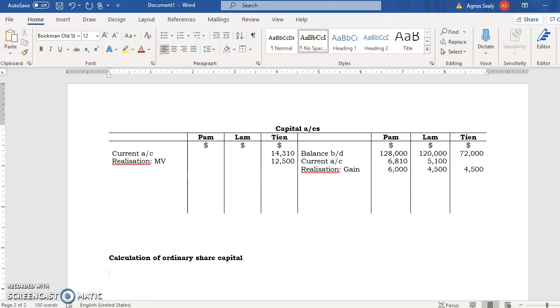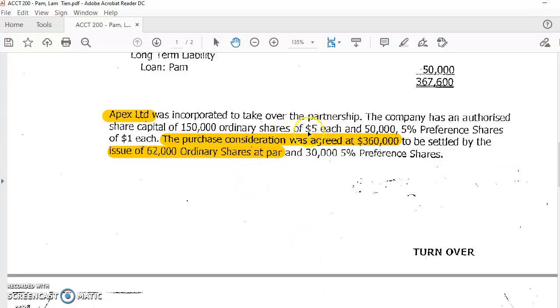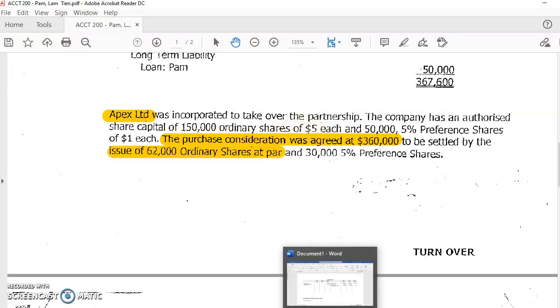The issued shares were 62,000 ordinary shares, multiplied by the par value of those shares. The question stated that the par value was $5 each, so it's multiplied by $5.